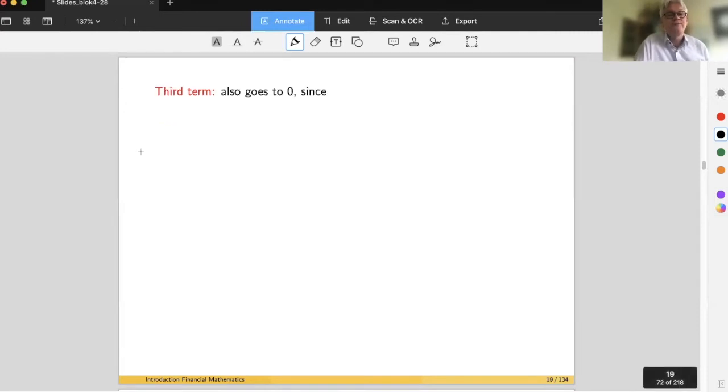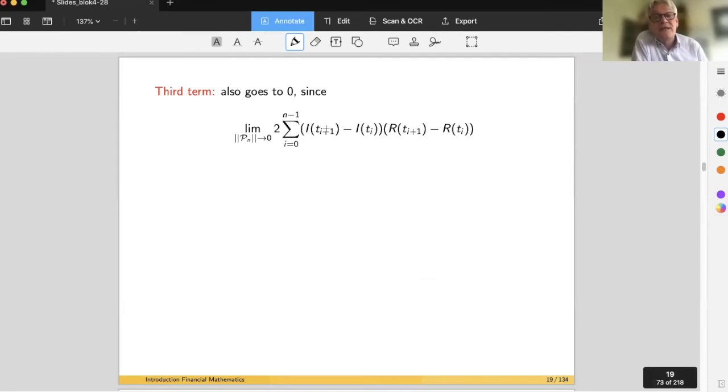And the third term also goes to 0, because it's the mixed term. If we look at the cross variation, when n goes to infinity and therefore the mesh width goes to 0, of this term, 2 times the sum, i runs from 0 to n minus 1, I at t i plus 1 minus I at ti times r at ti plus 1 minus r at ti.